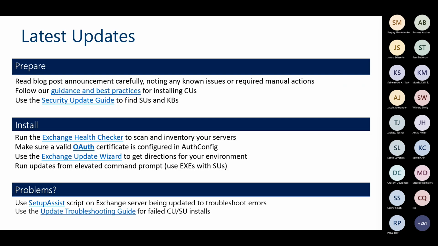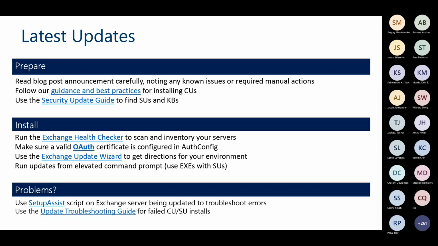Now, there are some additional best practices that aren't listed on the slide. Where possible, you always want to check and test your updates in a non-production environment before putting them in production. It's great to always have a working backup of both Active Directory and the Exchange server being updated. You'll also want to back up all of your customizations because many of them will not survive a CU install.